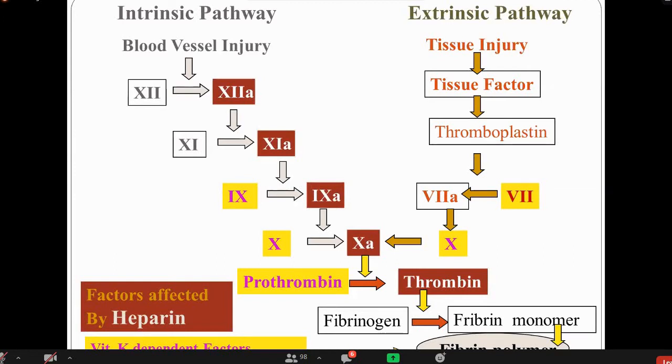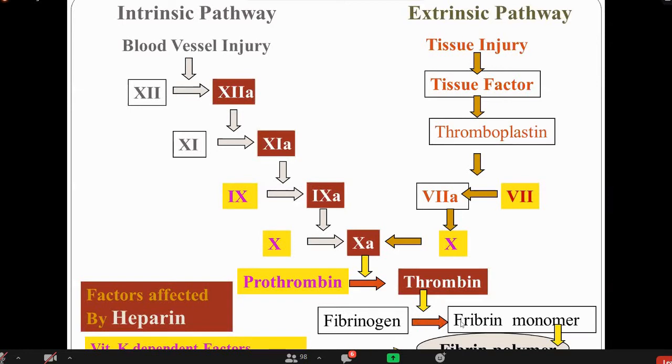The next question is, why activation of factor 10? Because activated factor 10 is responsible for converting factor 2 from its inactive form, prothrombin, into its active form. So activated factor 10 activates prothrombin into thrombin, and this thrombin activates fibrinogen, and this fibrinogen activation ultimately forms the fibrin threads, the fibrin polymer, which try to stop the bleeding.